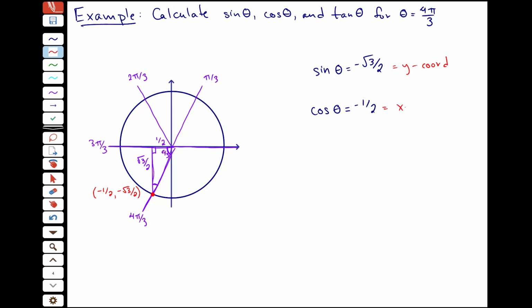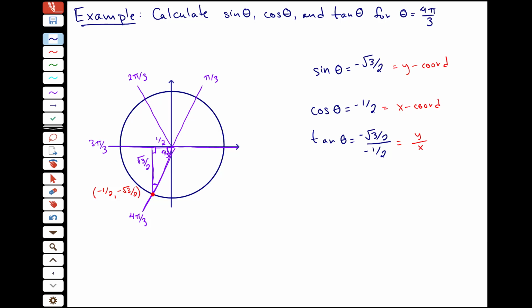So again, this is the x-coordinate. And tangent of this angle, again, I can think of it as sine over cosine, or I can think of it as the y-coordinate over the x-coordinate. So this is going to be minus root 3 over 2 divided by minus 1/2. So again, this is y over x.